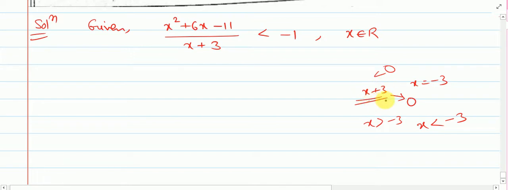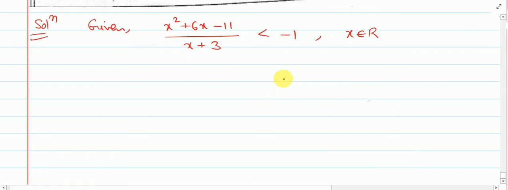So for -3 it is 0, for some values it's positive, and for some it's negative. Since it's not positive all the time, we cannot multiply on the right with x plus 3.